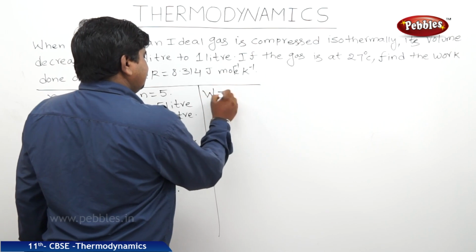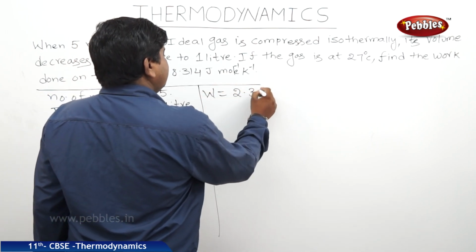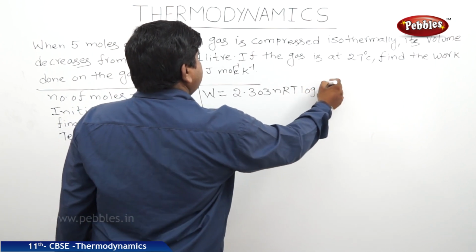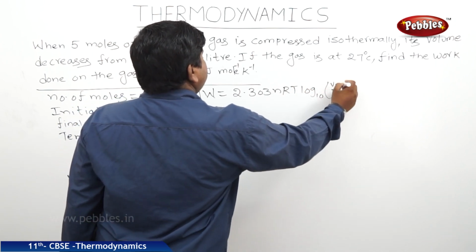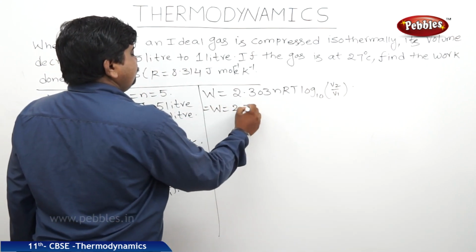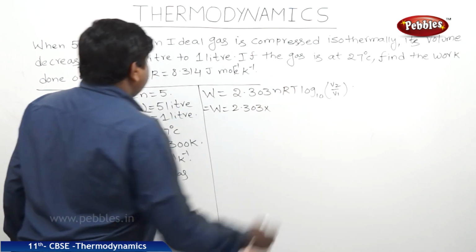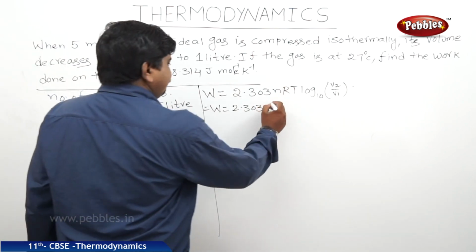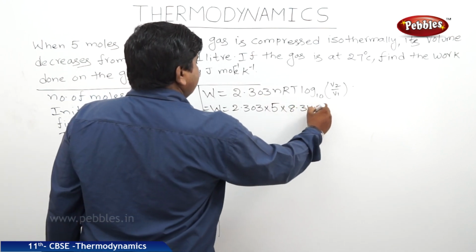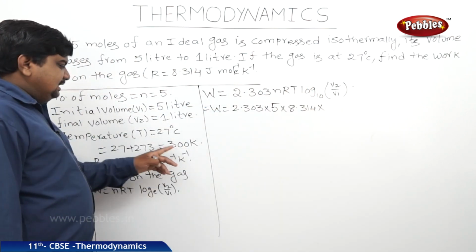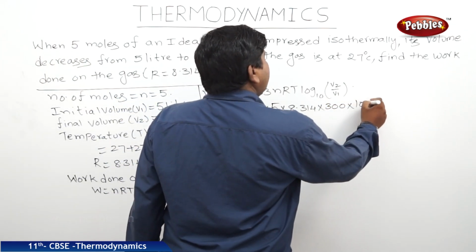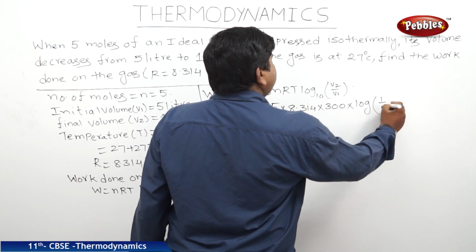Therefore, W is equal to 2.303 into nRT into log 10 V2 by V1. Therefore, W is equal to 2.303 into, where n is equal to number of moles 5, into, where R is equal to 8.314, into temperature T is equal to 300, into log 1 by 5.